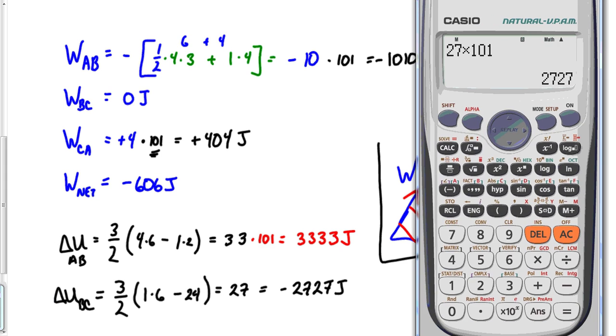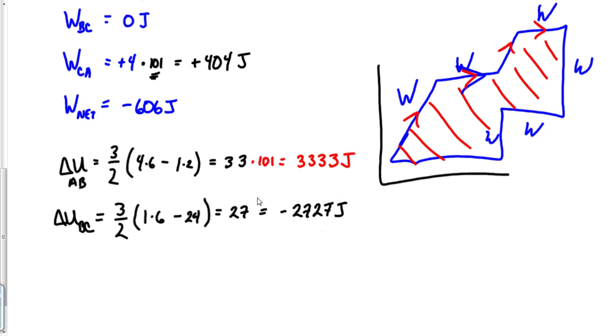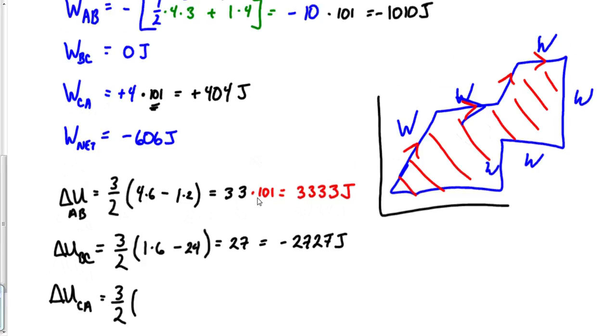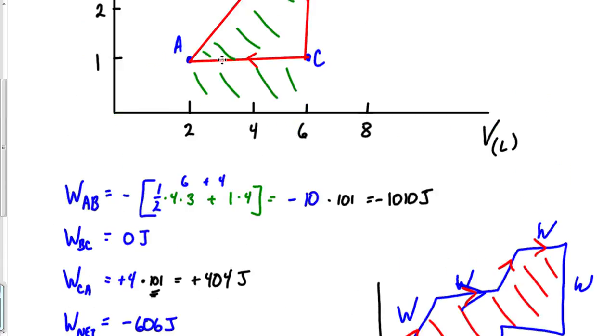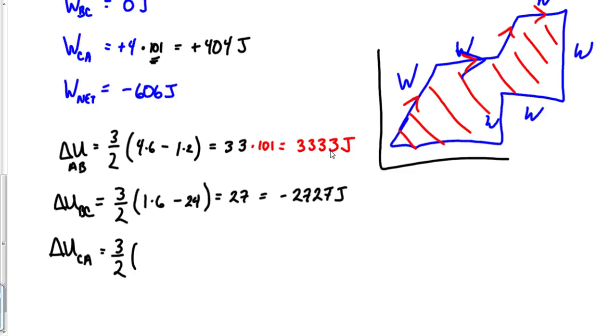All right, now as I continue to move on down the list, this time I've got delta U from C to A, and that's going to be 3 over 2 PV. Let's go back to it again. PV minus PV, so that would be 2 minus 6 would be my products.